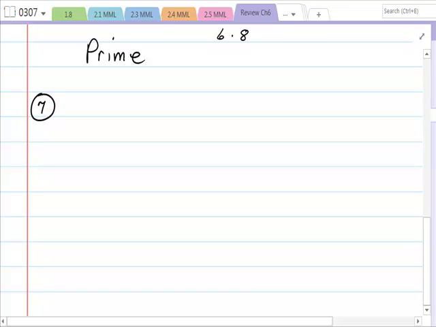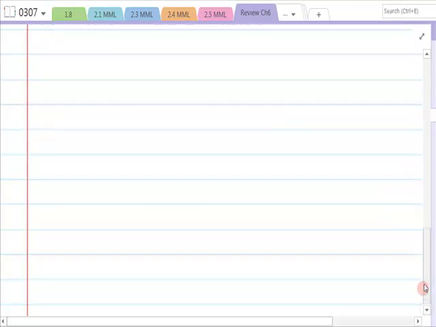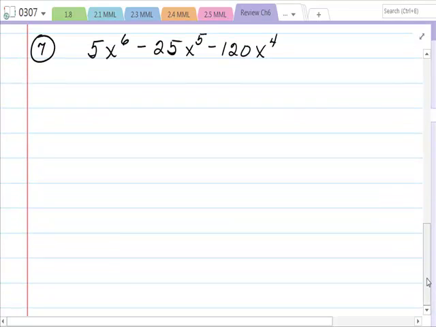Number 7. I have 5x to the 6th minus 25x to the 5th minus 120x to the 4th. Is there a common factor?